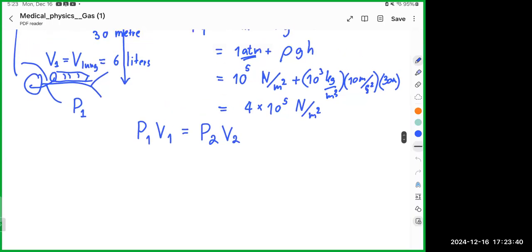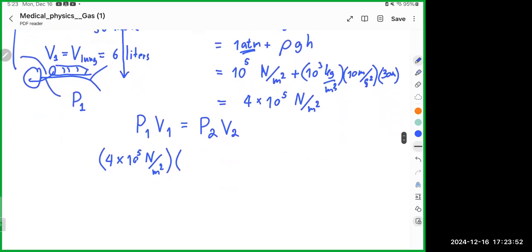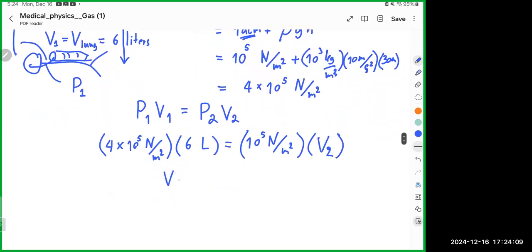P1 is equal to 4 times 10 to the 5 Newton per meter square. And V1 is about 6 liters. And P2 is 10 to the 5 Newton per meter square. We would like to find the volume V2. And here we got V2 around 24 liters.